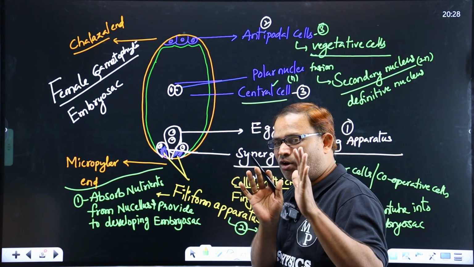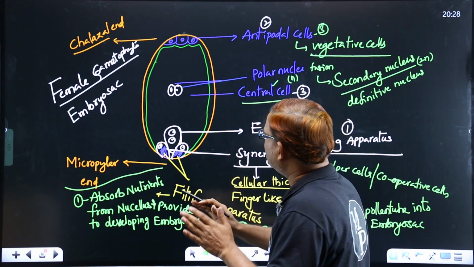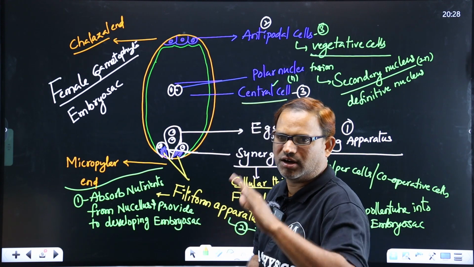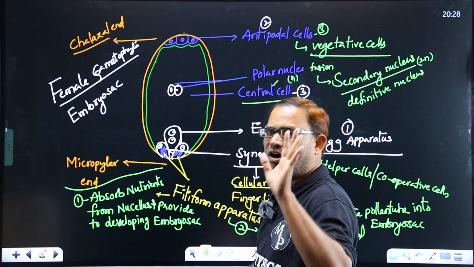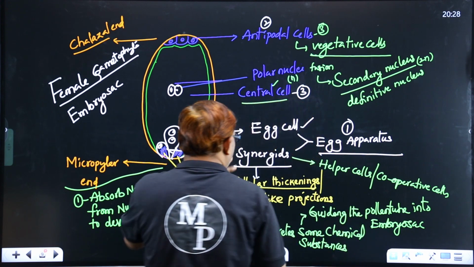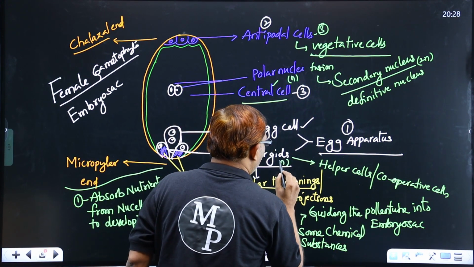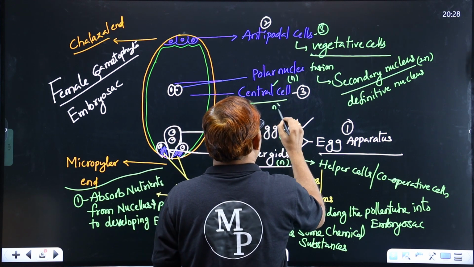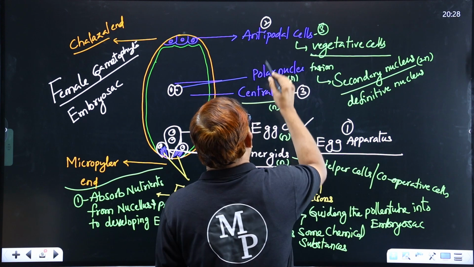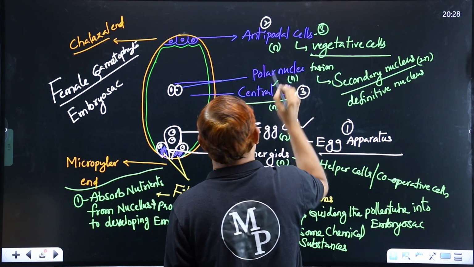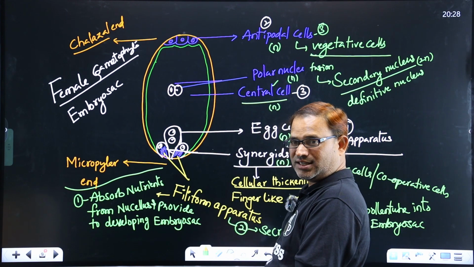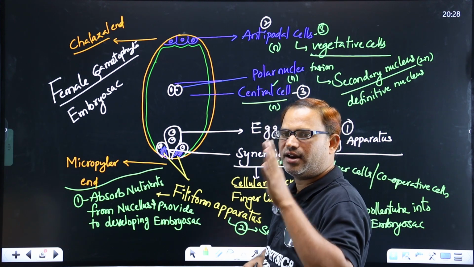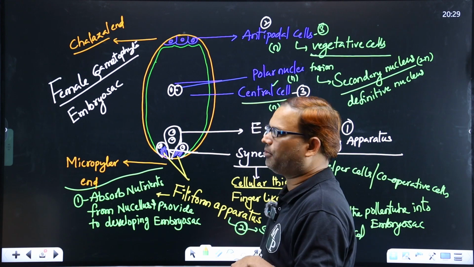But before fertilization, all the cells of the embryo sac are haploid: synergids, egg cell, central cell, polar nuclei, and antipodal cells. Each cell of the embryo sac is in haploid condition. Very important.